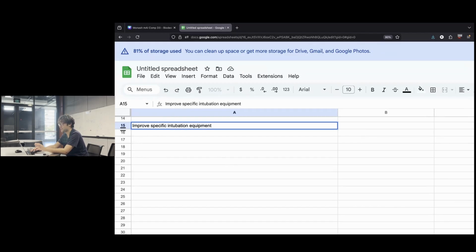I actually don't know what the intubation equipments are called, but specifically this brand's intubation equipment that the hospital uses, or this type of intubation equipment, or intubation equipment under these specific circumstances, only in this circumstance. A parallel thing might be to improve visualization of the airway. It's a parallel step, which might also contribute to the failure, but is a distinctly different step.